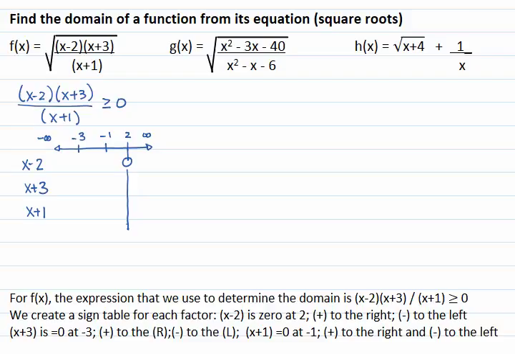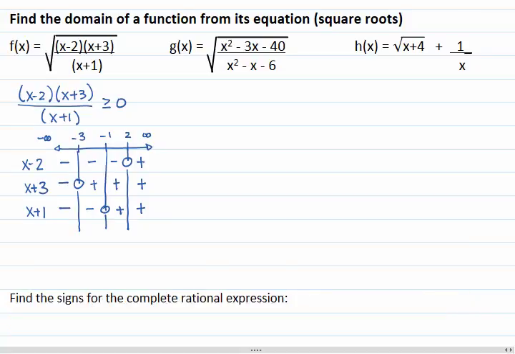X minus 2 is 0 for 2, positive to the right and negative to the left. X plus 3 is 0 for negative 3, positive to the right of its 0 and negative to the left. X plus 1 is 0 for negative 1, positive to the right of its 0 and negative to the left.